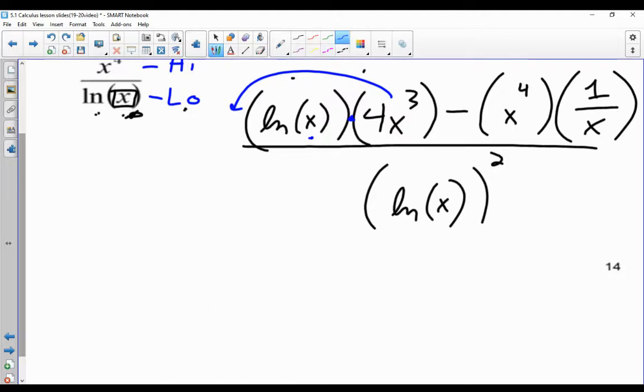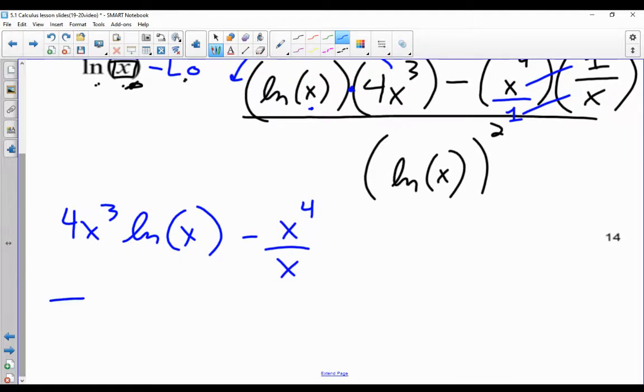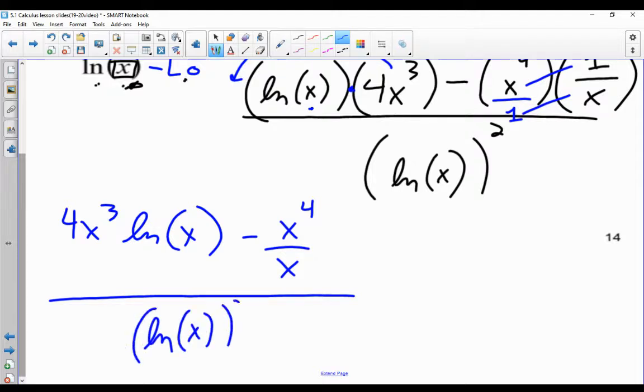So you have to leave that as 4x cubed times natural log of x. And then over here, I'm going to go ahead and rewrite x to the fourth as x to the fourth over 1. And I can multiply the two fractions. On top, I'm going to get x to the fourth. On bottom, I'm going to get x. And then all of that, all over natural log of x, all squared.